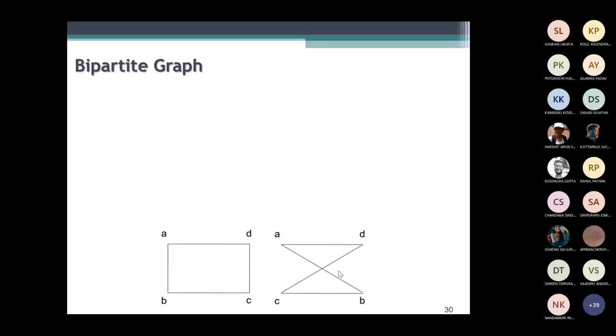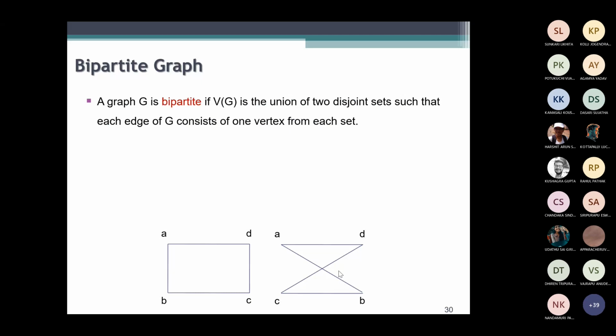We know what a bipartite graph is. So a graph is bipartite if its vertices can be arranged in two different partites such that all the edges exist across the partites. So there is no edge within a given partite.